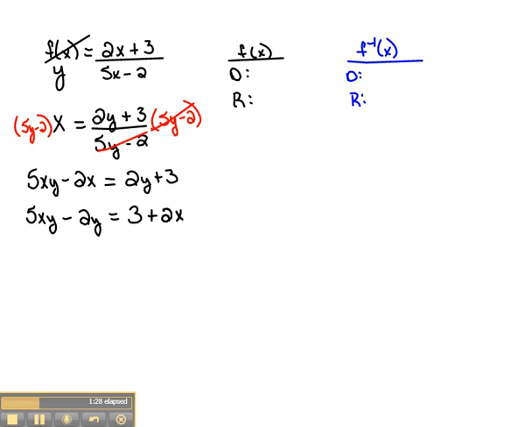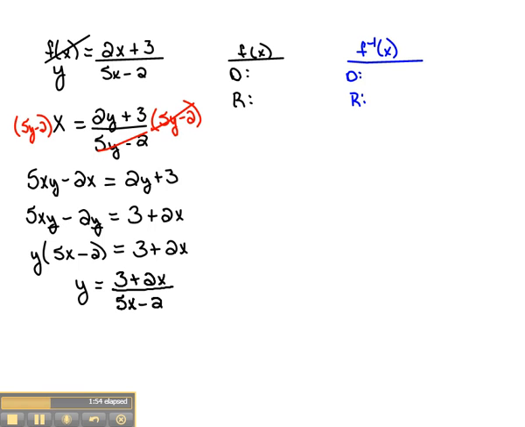so that'll be a plus 2x. Now we have a y in common, so we can pull that out, factoring it. So we have y times (5x minus 2) equals 3 plus 2x. And now dividing both sides, to get y alone, we have y equals (3 plus 2x) over (5x minus 2).